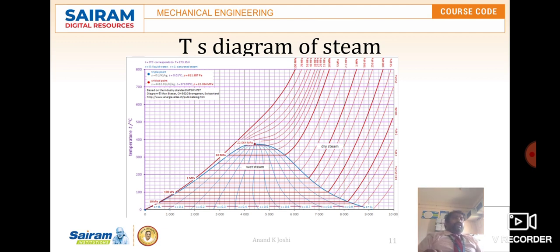Now suppose 1 kg of steam is to be heated at constant pressure. We know that when heat is added to this water, its entropy will increase.